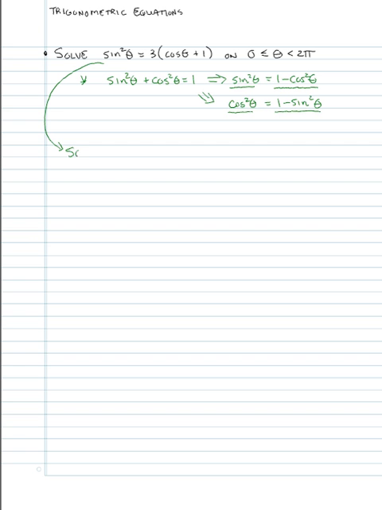So as we go about solving this, we would try to get only one trig function, and our only hope is to get only cosines by replacing sine squared theta with 1 minus cosine squared theta. So the left side is 1 minus cosine squared theta, and equal to the right side, which is 3 times cosine theta plus 1.